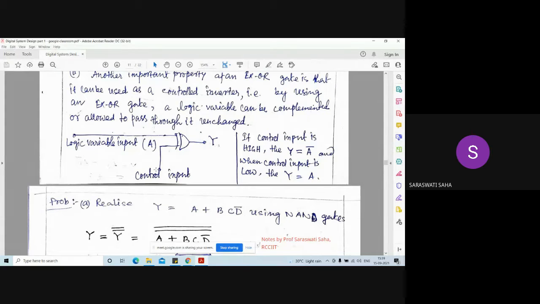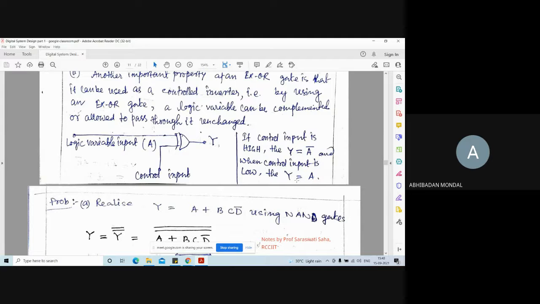If we put this terminal at ground permanently, so one input is always 0, what will be the output? It is written here, but you should understand this point. When control input is low, Y follows A. Agree?